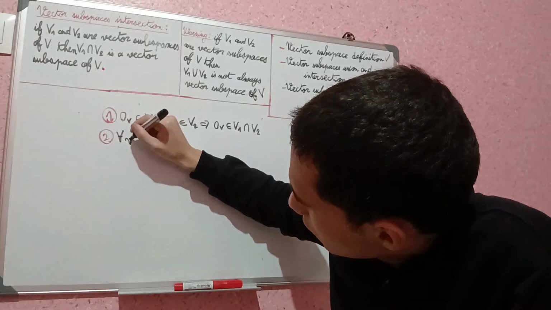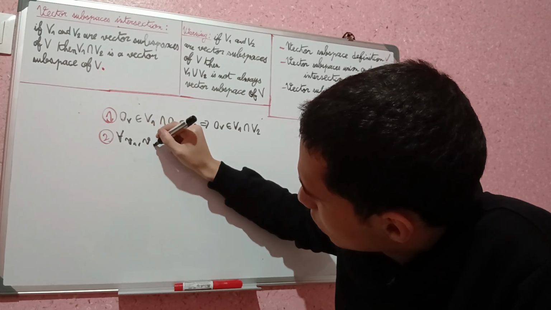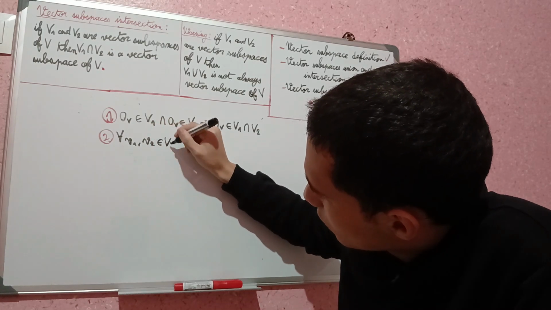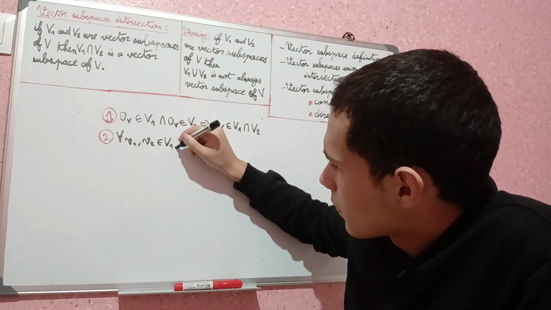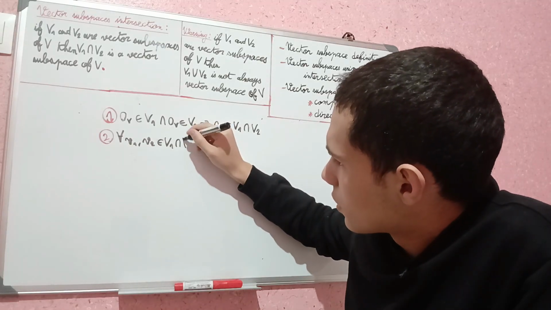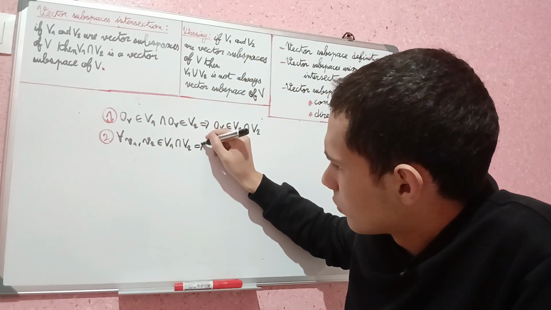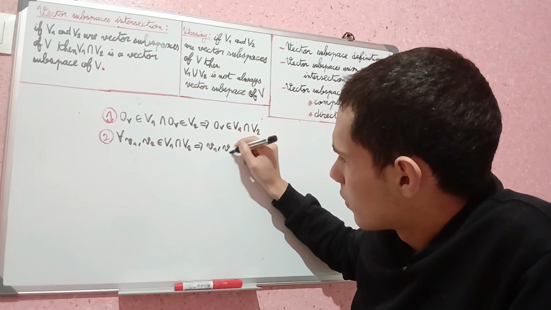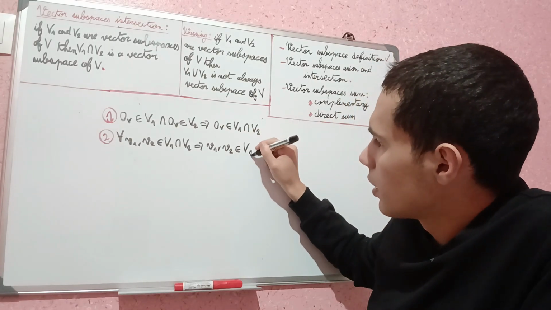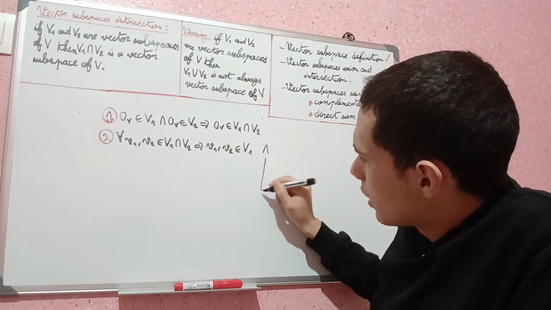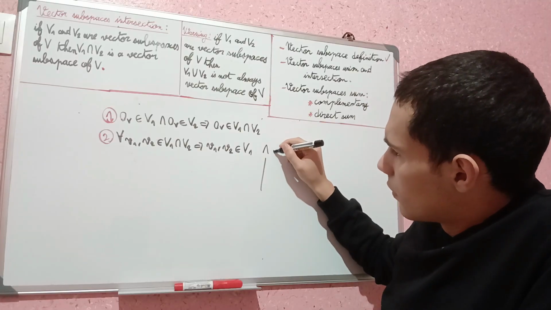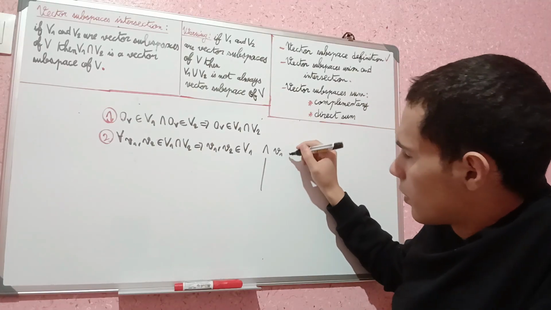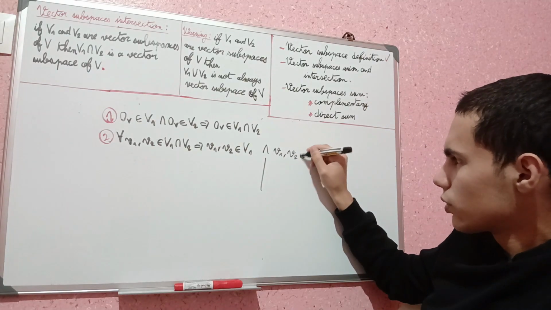For all v1 and v2 in V1 intersection V2, v1 and v2 belong to V1, and v1 and v2 belong to V2.